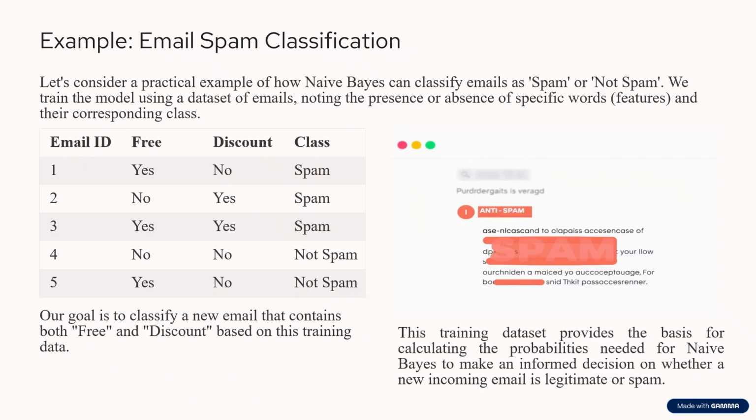We have 5 email IDs, and the features we defined are one is "free", another is "discount", and the third is the class, whether it is spam or not, which we are going to detect. If free is no and discount is no, the class is spam. If free is no and discount is yes, it is also spam. Yes and yes means it is spam.